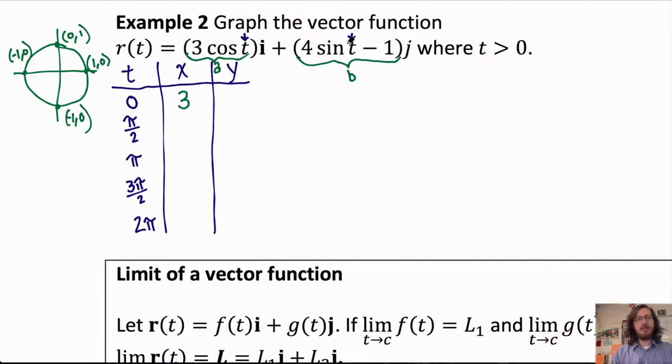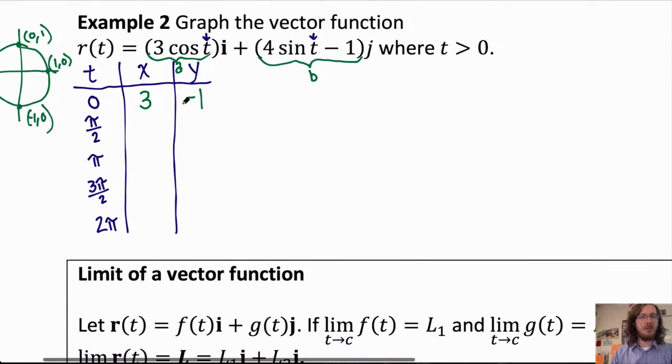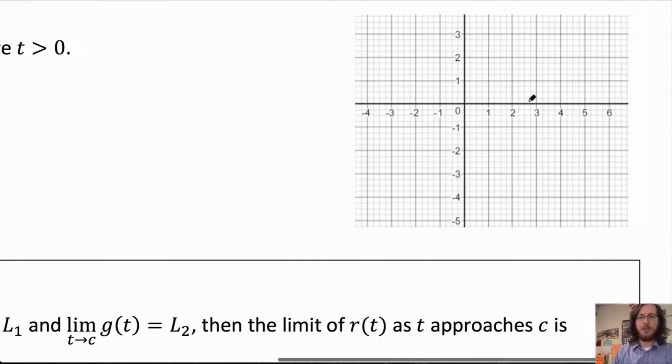So 4 times 0 is 0, but then we take away 1 from 0 and we get negative 1. Again, not necessarily a point since it's not included in our interval, but it's a good starting place. Maybe we can do an open circle there at 3, negative 1. So at 3, negative 1, open circle, that's at t equals 0.